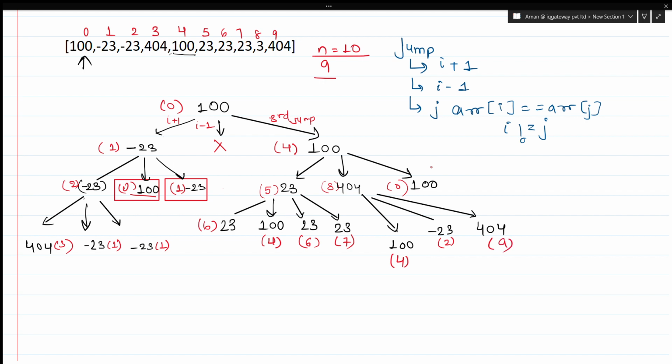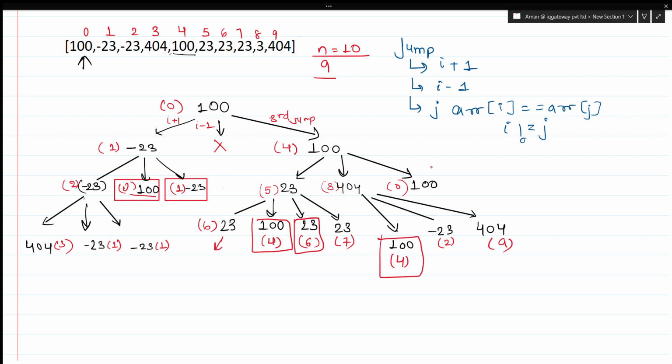Let me start with this. Okay, 404 at 3. The same way we can reduce the already processed nodes. So here 100 at 4 I already processed. 23 at 6 I need to process, but I can get the result from this, so this will be considered as processed again. And 100 at 4 is already processed here.